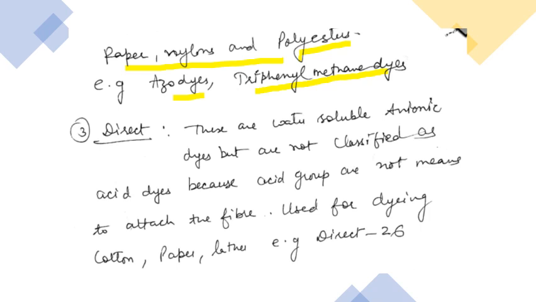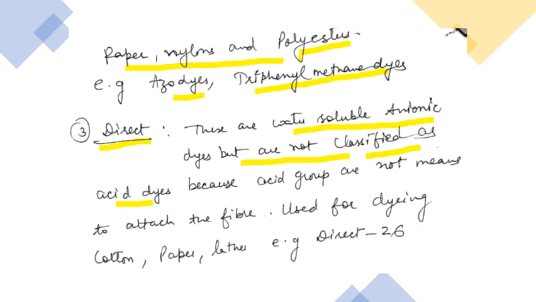Now the third category in this classification of the dye is direct dyes. The direct dyes are the water soluble anionic dyes but are not classified as the acidic dyes. So this is very important.